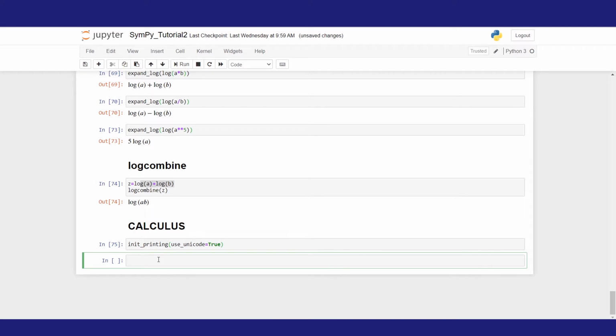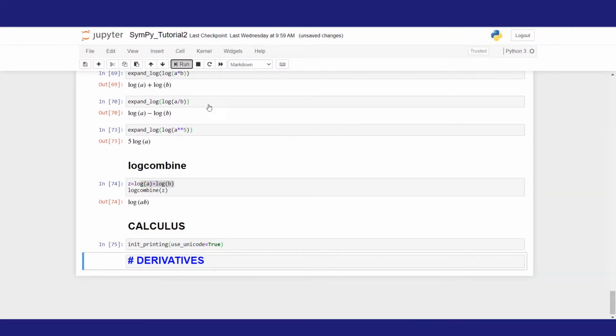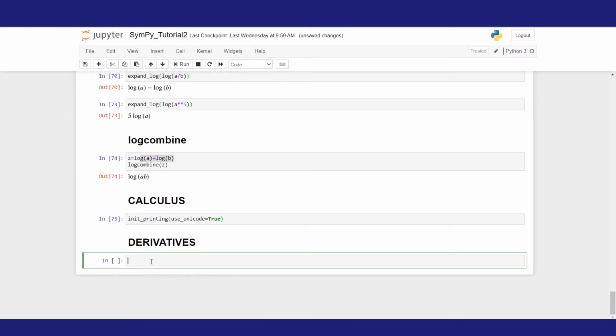So let's see how we can deal with, first of all, the derivatives. Let's see how we can handle the derivatives, and we will then continue to the integration. So under the derivatives, we are looking at the functions obtained after differentiating some functions.